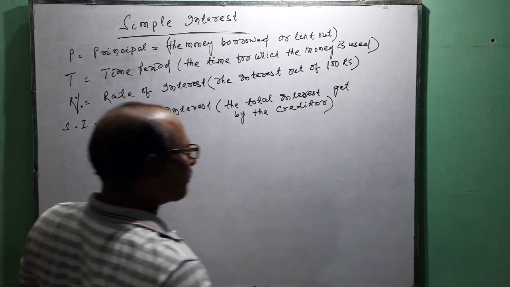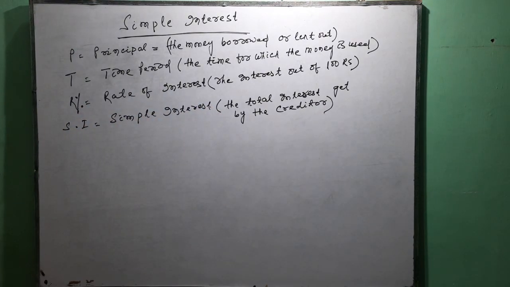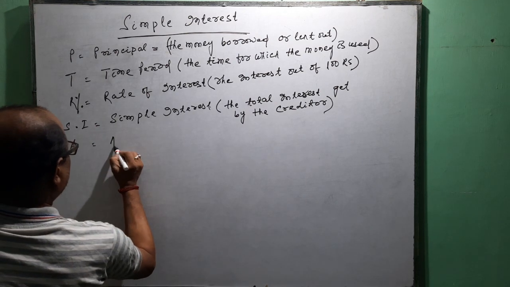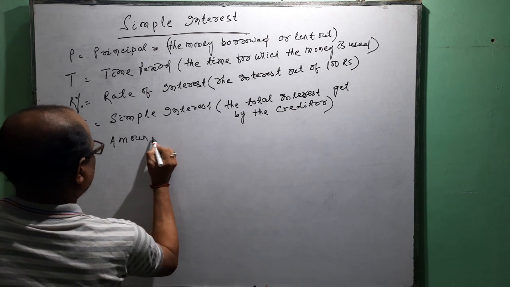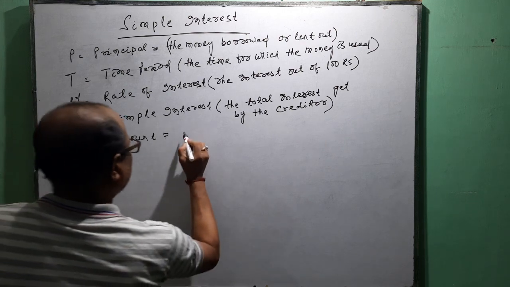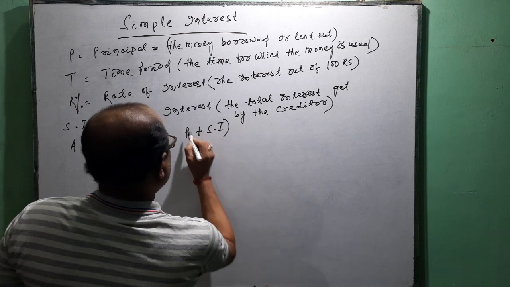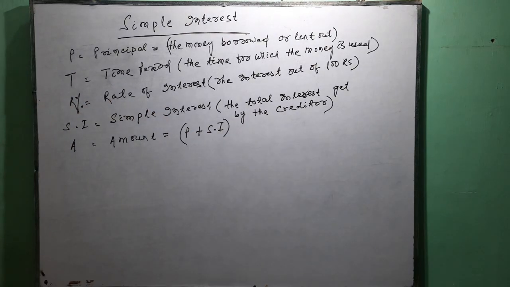Creditor means the one who gives the money. PTRSI. Next, amount. Amount is equal to principal plus SI. So this is amount. These are the symbols we have to know.